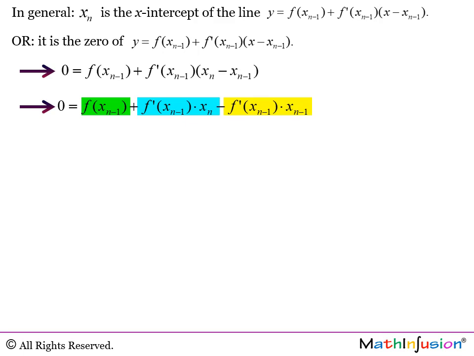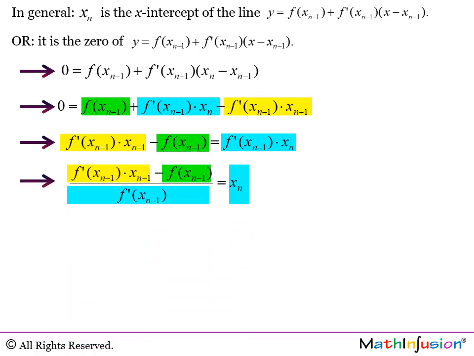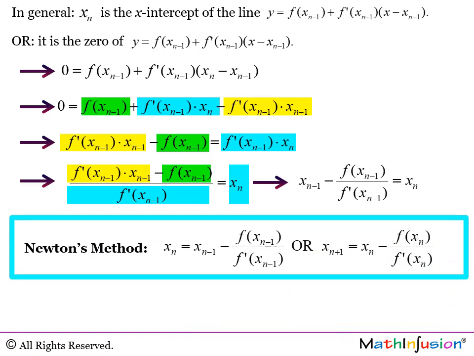We get that, and then we get that, and that, which implies that. And we conclude that x sub n equals x sub n minus 1 minus f of x sub n minus 1 over f prime of x sub n minus 1.